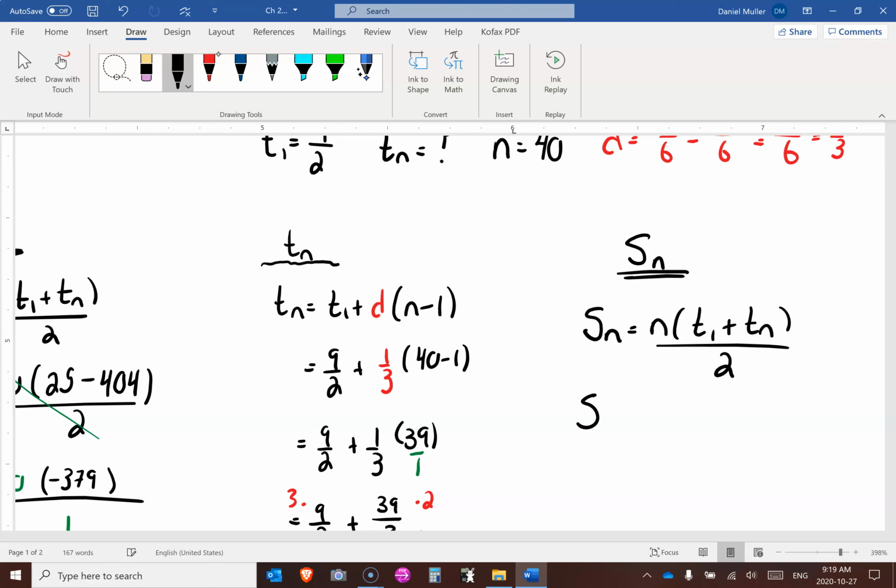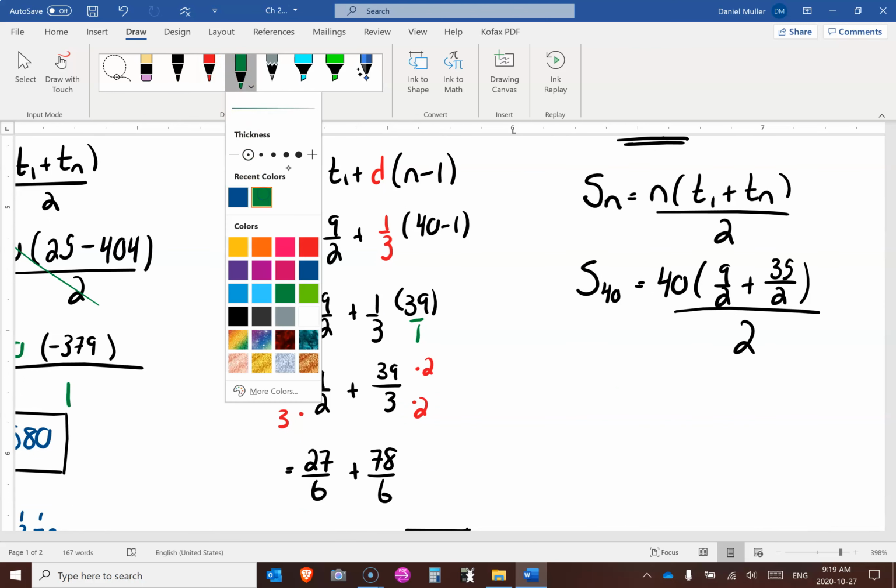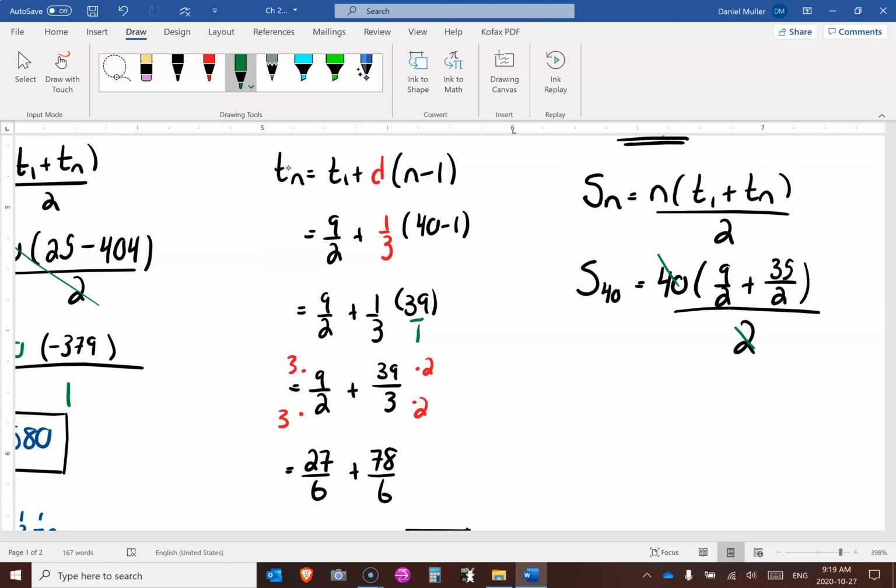So if I'm going to find the sum of the first 40 terms, I'm going to have 40 times the first term, 9 over 2 plus 35 over 2. Seems weird that I only go up that much after 40. I guess I'm only adding a third. All divided by 2. So I'm going to do that same trick with this 40 and 2. That can simplify to 20 and 1.